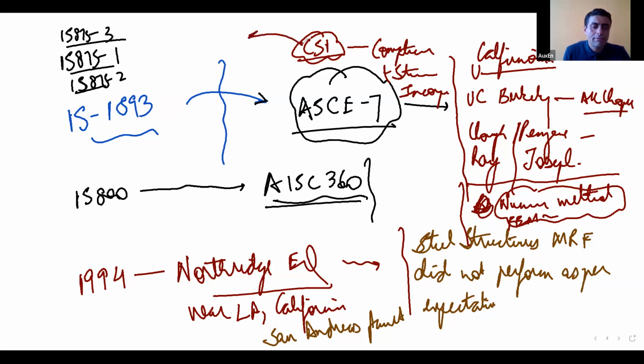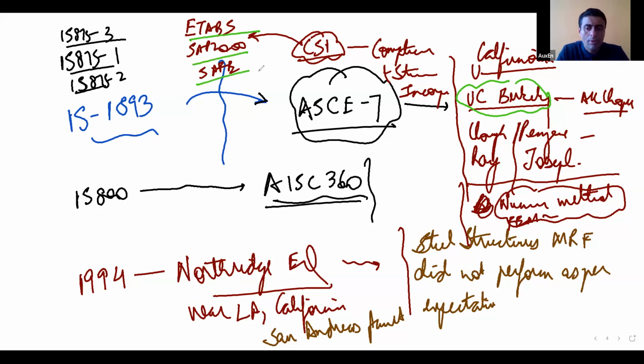And why is it of interest to us? Because CSI develops the products that all of us use, that is ETABS or SAP 2000 or SAFE. All these products are developed by the company Computers and Structures Incorporated, which was actually incorporated at UC Berkeley. The students and professors of this institute came together to create this company, and it developed these products.